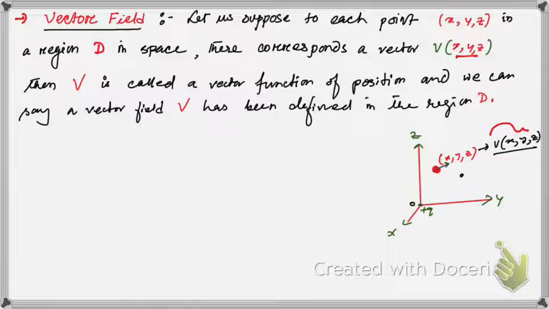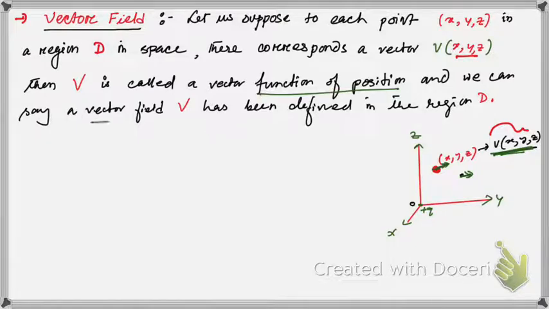The strength and intensity of the electric field at different points will be different, and that is given by this function, which is a function of position.